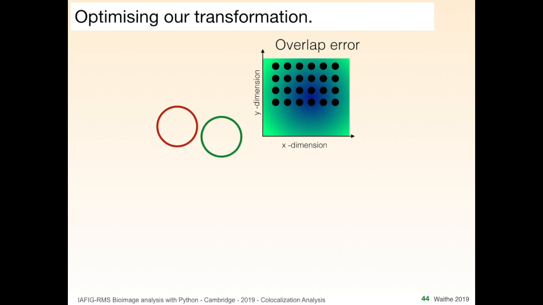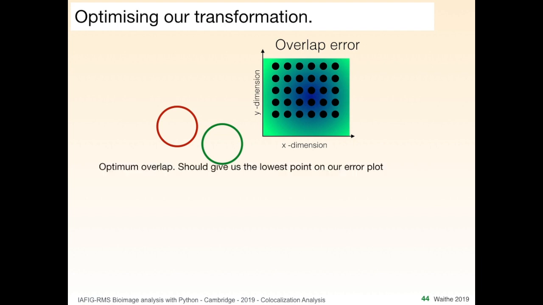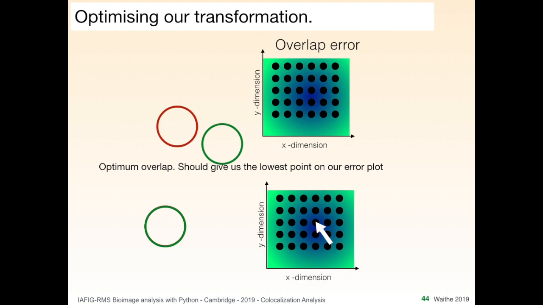And then once we've gone through things exhaustively like that, we want to find the optimum overlap. So that would be this point here, and that's where the red and the green ring overlapped perfectly. So when you search through the space, you try and find that spot.